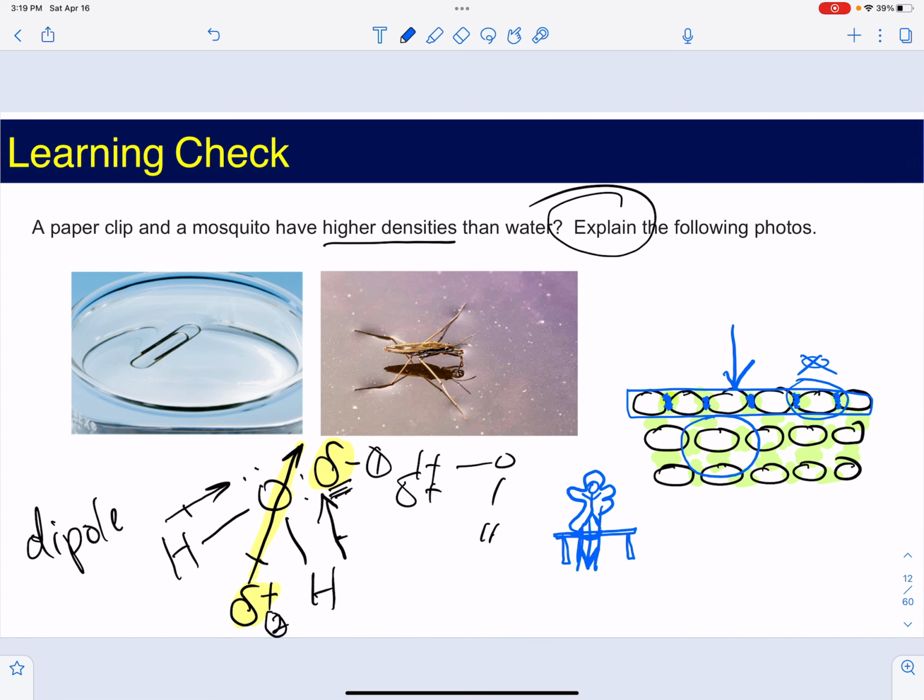As long as the weight of the mosquito is not bigger than the forces holding the molecules together, they're not bonded, they're just being attracted like a magnet, the mosquito will hold in there. As long as the molecules on the surface underneath the paper clip are holding together, the actual weight of the paper clip is not enough to push it down, like I would push through a trampoline if I was extremely heavy compared to the force of the trampoline.